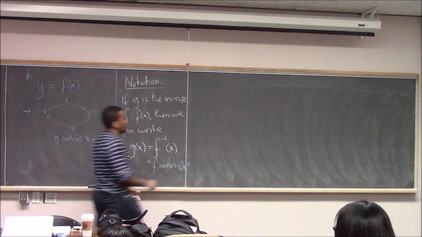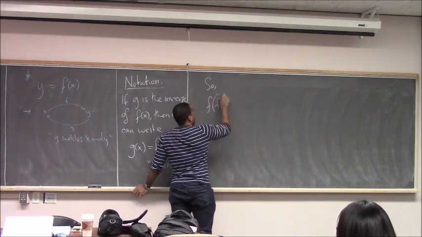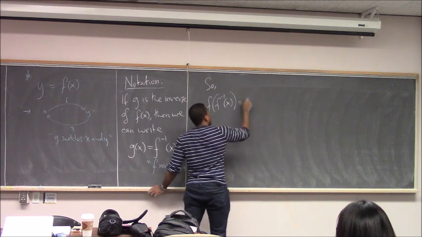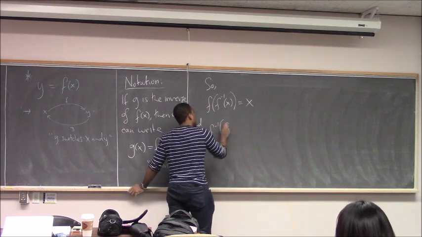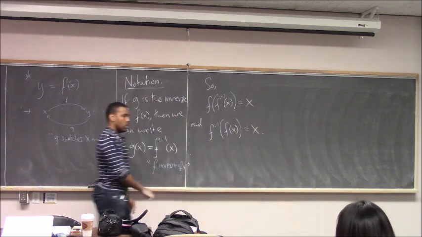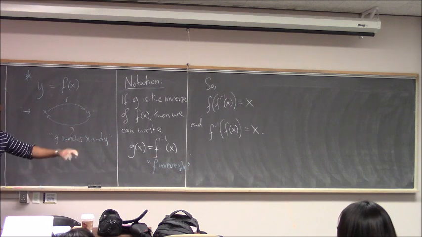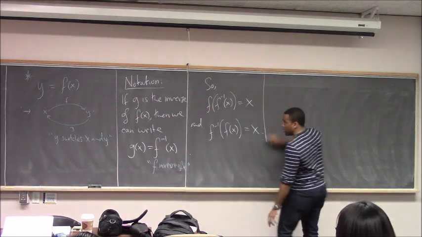Okay. So in other words, if I take f of f inverse, it will give me x, and if I take f inverse of f, it will give me x. When you get to calculus, you're going to use that equation to derive something that you'll need there, but we'll stop there for now.